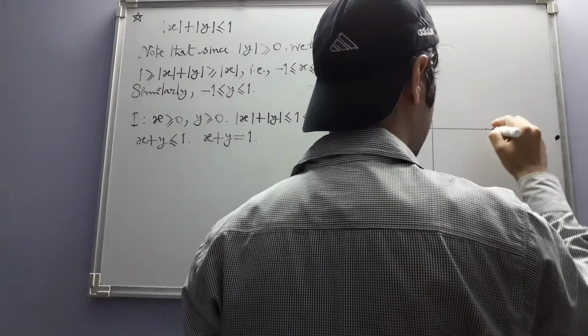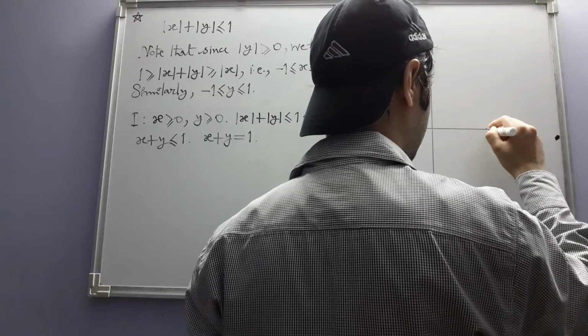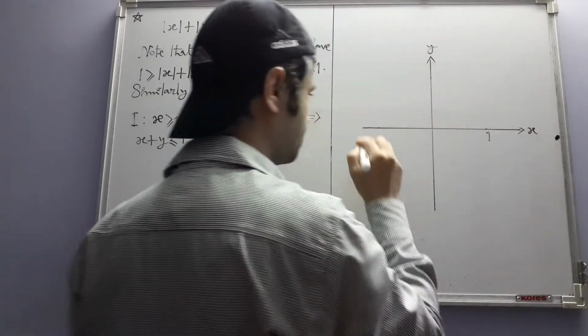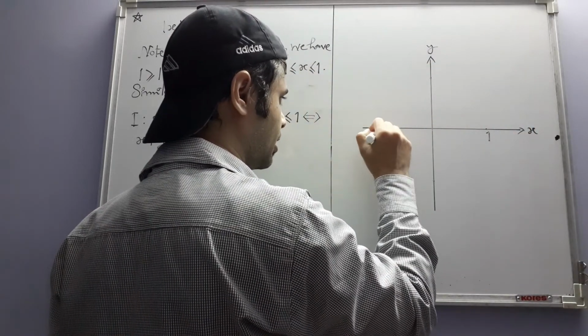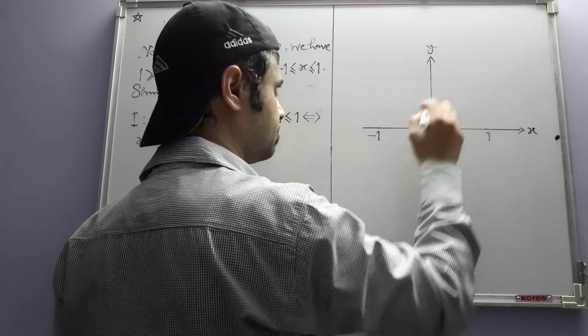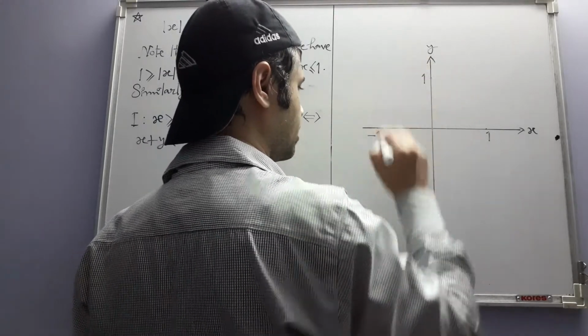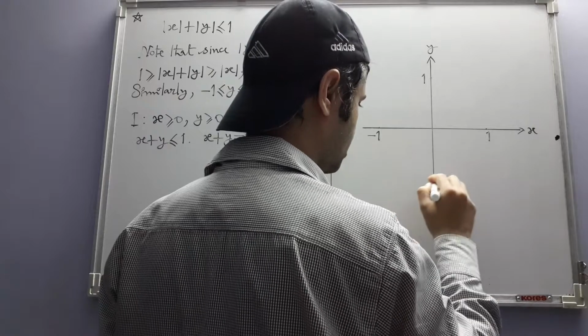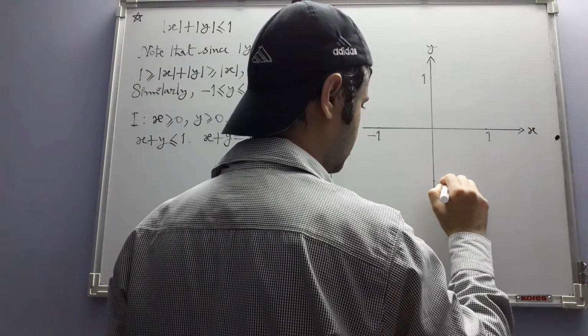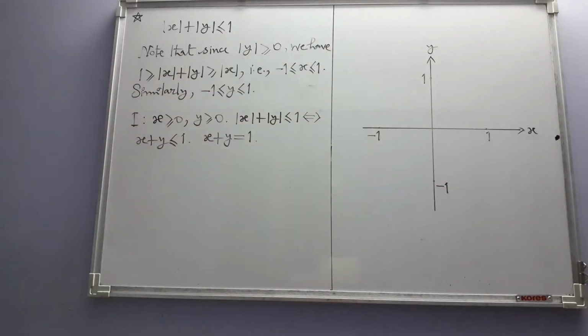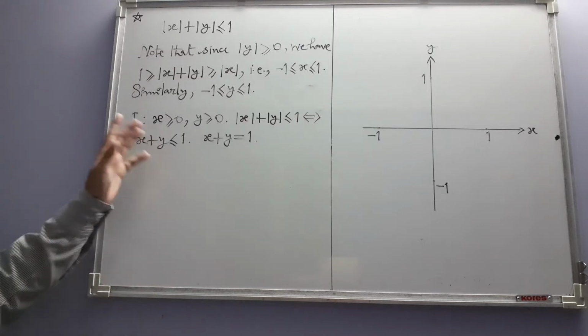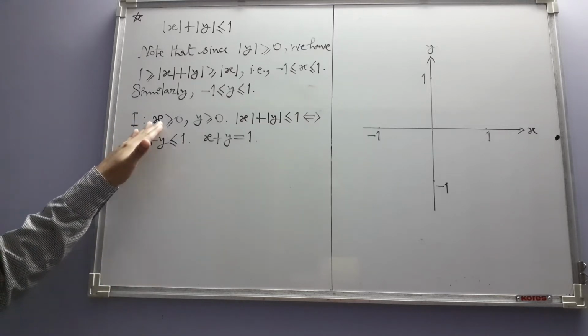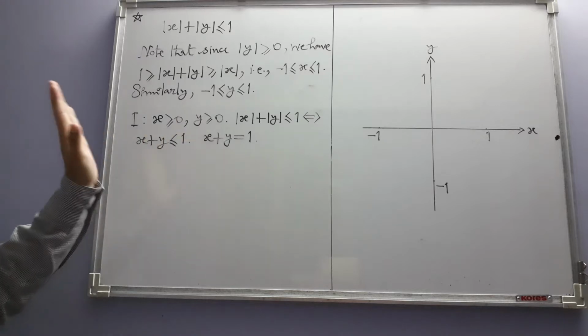Okay, so this is the real number 1, this is the real number minus 1, this one again is 1, and this one is minus 1. Okay, so now x is greater than or equal to 0, and so is y.